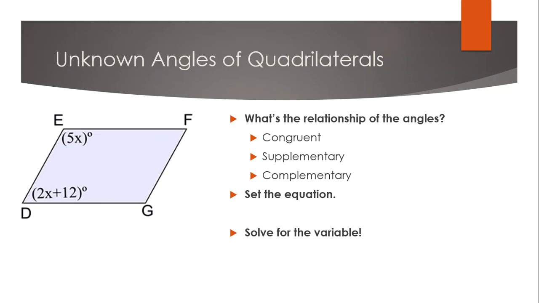Sometimes they're congruent, sometimes they're supplementary, sometimes they're complementary. In this case, they are supplementary. So let's set up our equation. We will say that 5x plus 2x plus 12 equals 180. Combine like terms and solve for the variable, and it turns out that x equals 24.